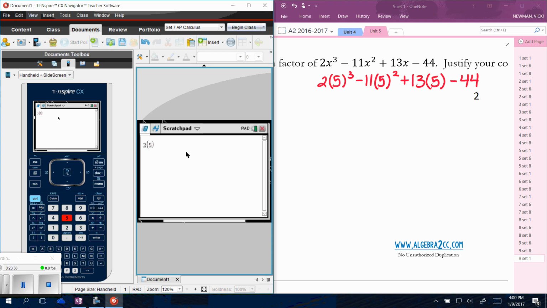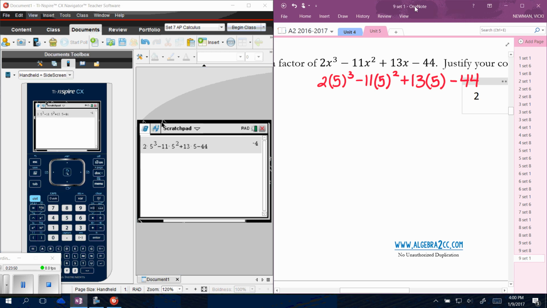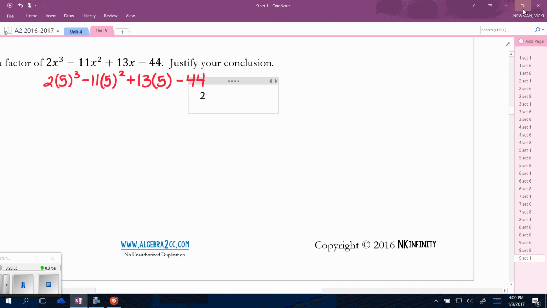2 times 5 cubed minus 11 times 5 squared. Yes, you could store. Plus 13 times 5 minus 44. I get negative 4. Because I get negative 4, that means that x minus 5 is not a factor.